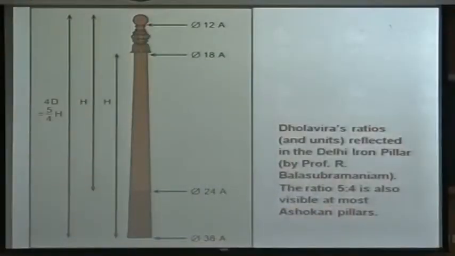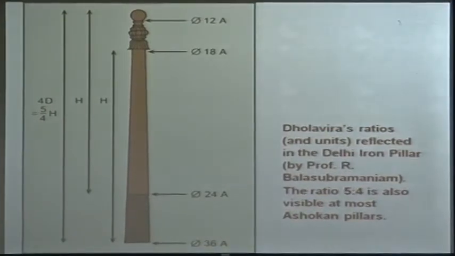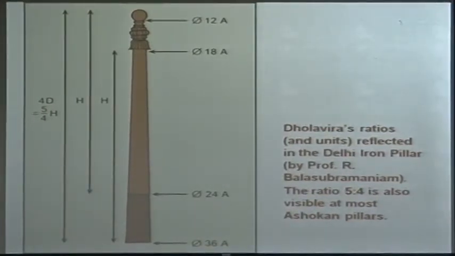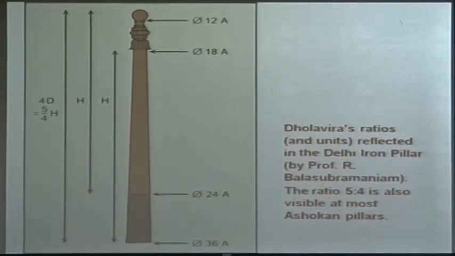I want to show this sketch with the late Professor Bala Subramaniam of IIT Kanpur, made when I pointed out to him all these ratios at work in the Harappan world, and he said, but look, the Delhi iron pillar, which he studied so well, as you know, and there's a replica here on the campus.